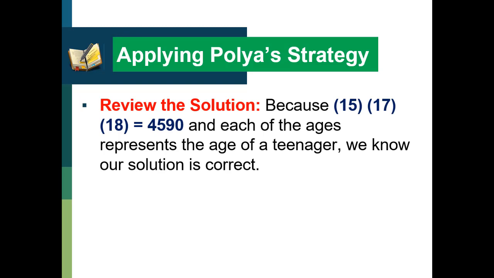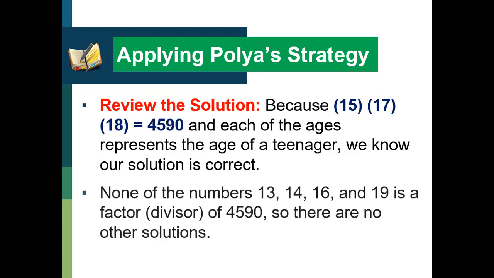This is the last step. Because 15 times 18 times 17 will give you 4,590, and each of the ages represents the age of a teenager, we know that our solution is correct. But can there be other solutions? None, of course, because the remaining ages of the teenagers 13, 14, 16, 19, neither of them is a factor of 4,590.